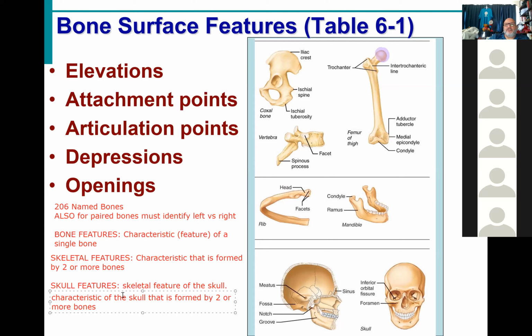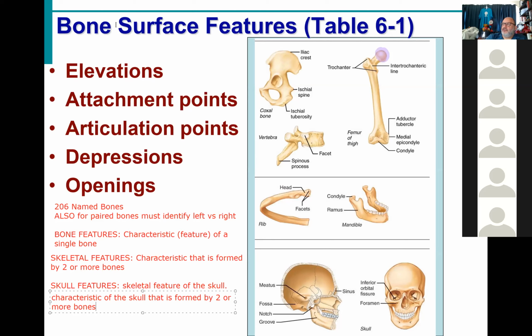Typically, bone features are things like elevations, things that stick off of a bone, or attachment points. An attachment point can be where a muscle or a tendon attaches to it. Articulation points, where the bones form joints. Depressions, an indentation, and openings, or a hole, right? A depression is an indentation, whereas an opening would be a hole through the bone. All of these things have names to them, specific names that mean something.